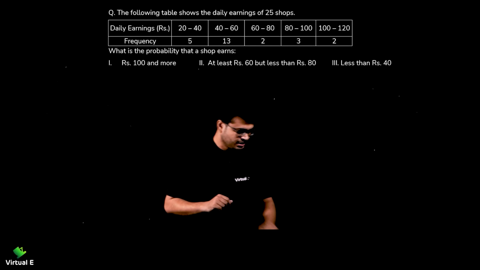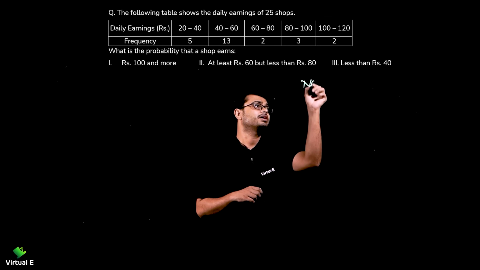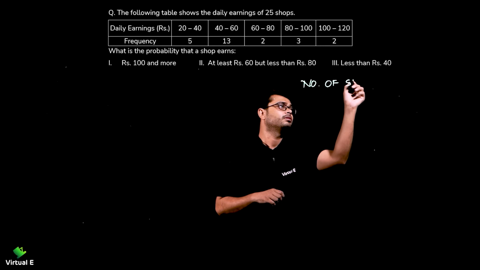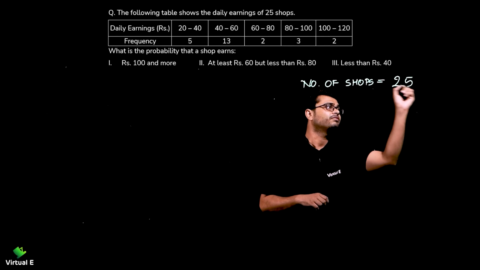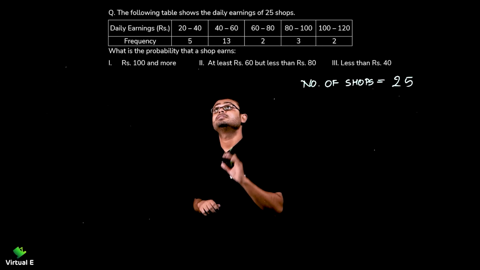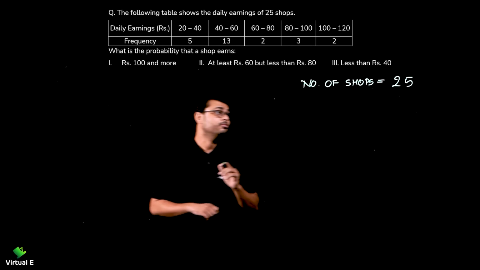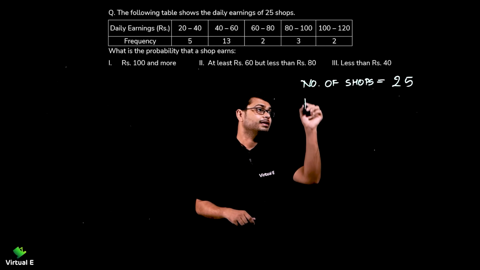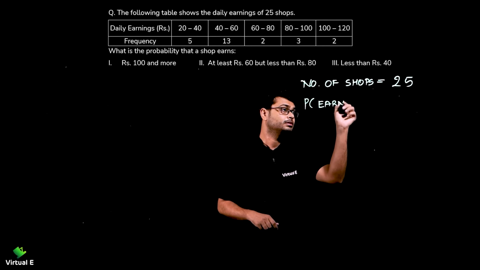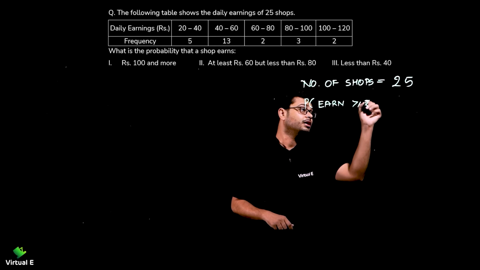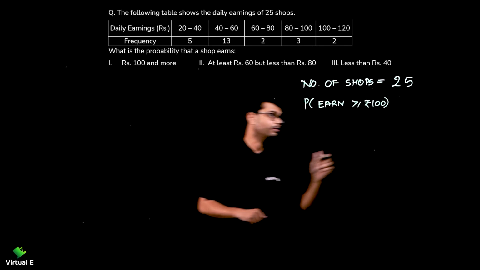Let's start with the number of shops. So let's write the number of shops is equal to 25. We want to find the probability of a shop that earns rupees 100 and more. 100 is also accepted and more than 100 also we want to find.